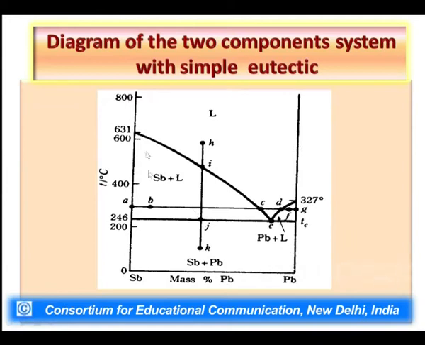Both have greater melting temperatures. So because of the addition of antimony to lead, its melting point gets decreased to only 246 degrees Celsius. This is sufficient for the soldering operation of the electronic circuit without damaging the electronic circuit.